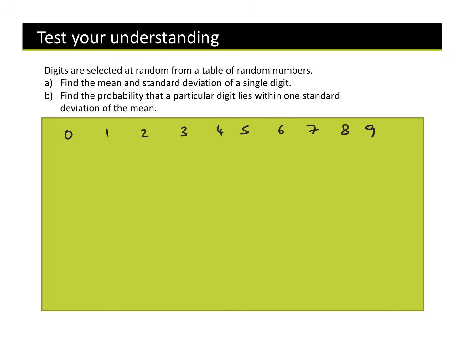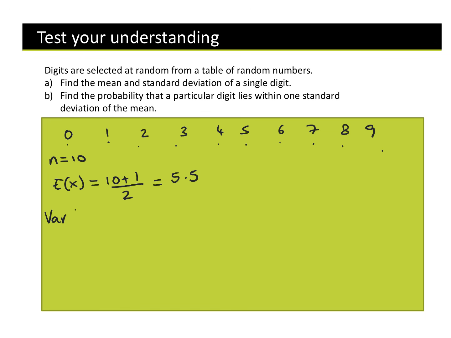So we have a possibility of 10 digits, okay? So the outcomes is 10. Okay, just double check. Right then, so then our expected value is going to be n plus 1 over 2, which is 11 over 2, which is 5.5.